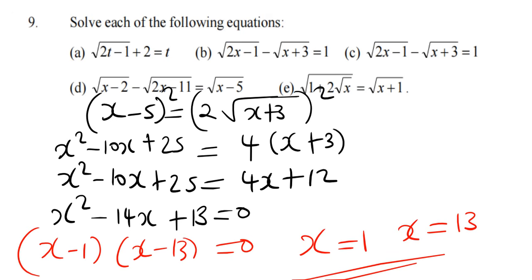You check your solutions. Most of the time it's not giving us any of the correct answers. Probably 13 might, but you have to check your answers. So if you put 1 here, actually that's not even the equation, it's this one. If we put 1 there, what are we going to have?